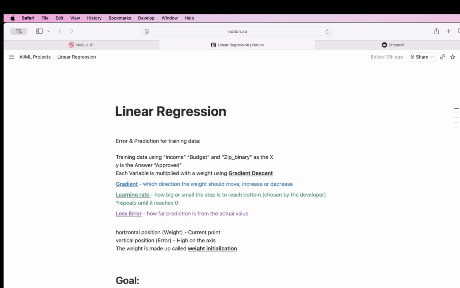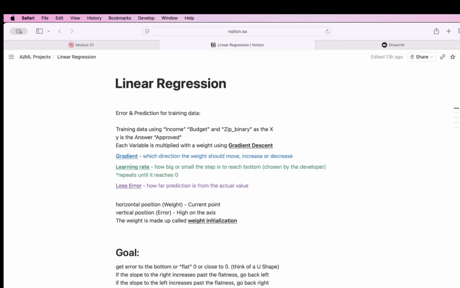So I wanted to touch on a little bit about the math that is going on behind the scenes. I don't want to make this too complicated. But what is happening in the background is a combination of linear algebra, statistics, and calculus. And the data is starting off at a certain point on the graph. You can think of this as a parabola where the data is trying to reach the center of that parabola way at the bottom.